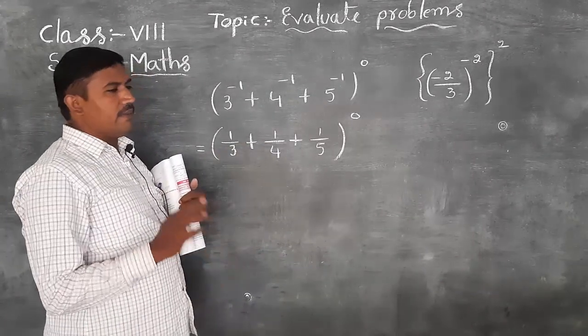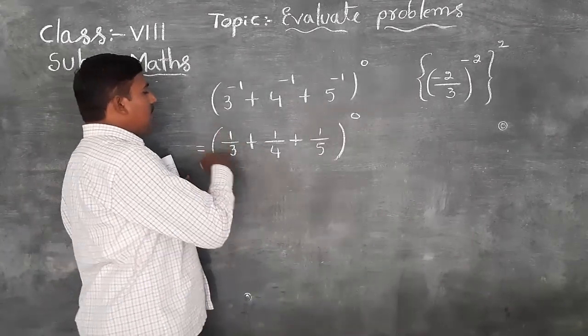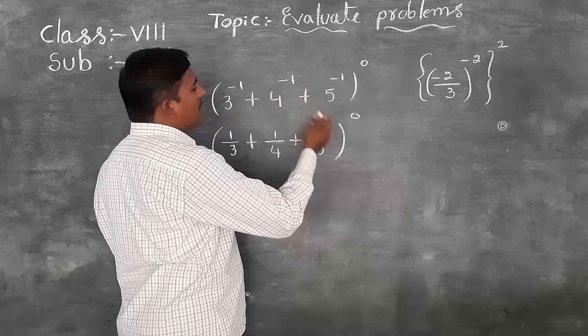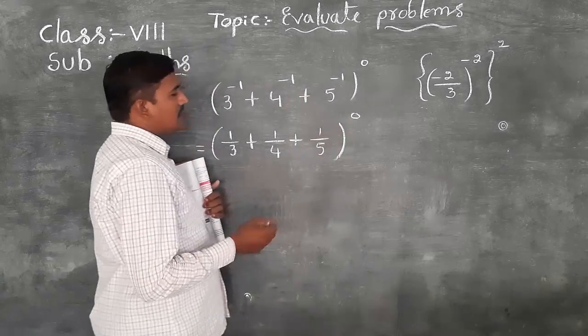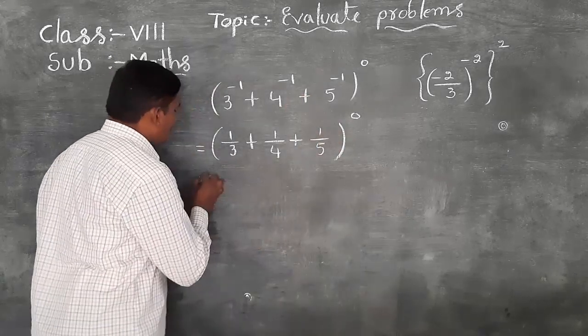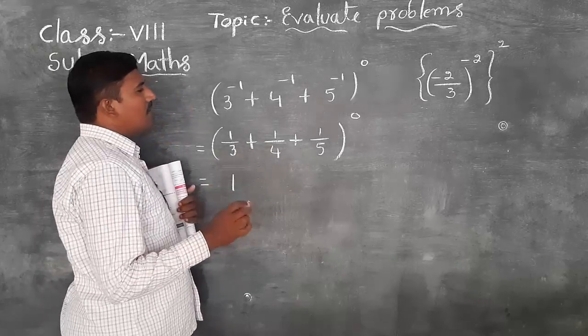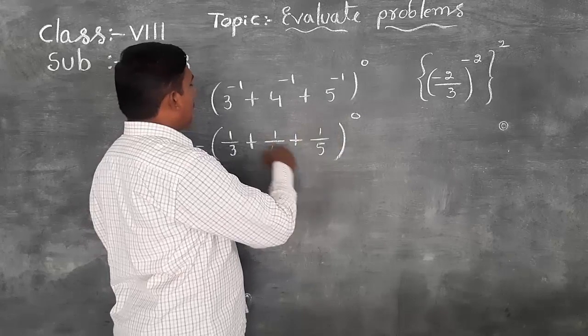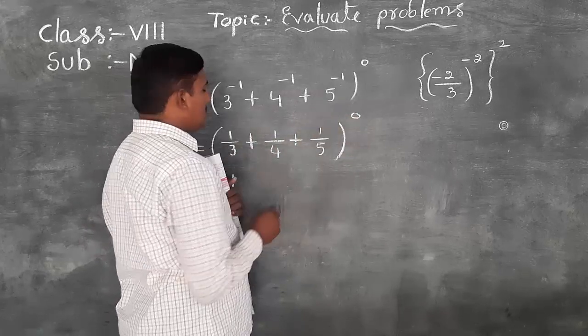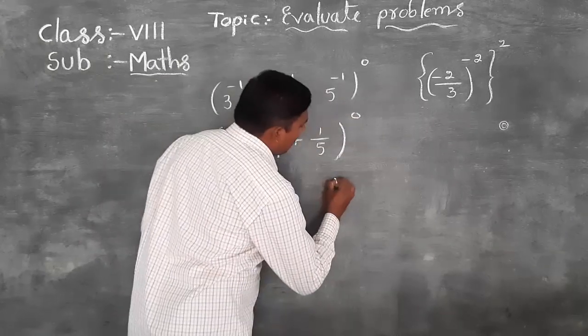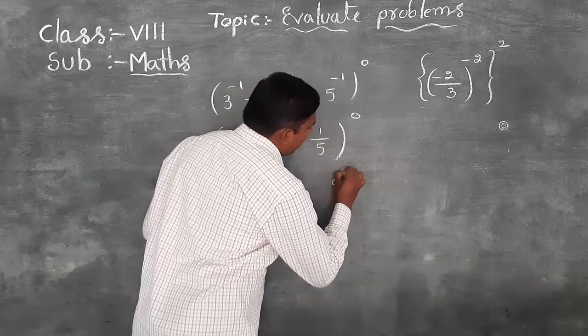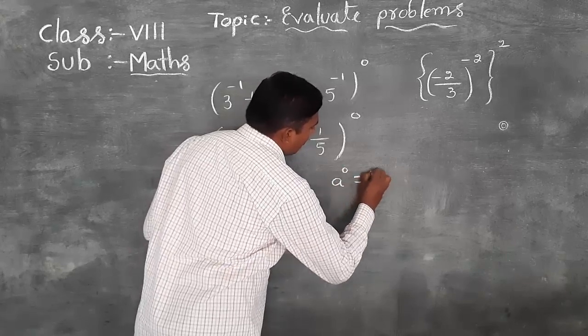Any method, no need. Why? Because for this bracket, anything power 0 is equal to 1. No need to do LCM or anything. Anything power 0 is equal to 1. Already we told this.